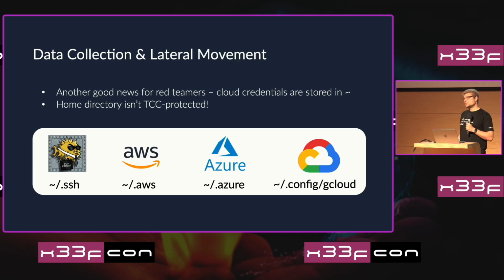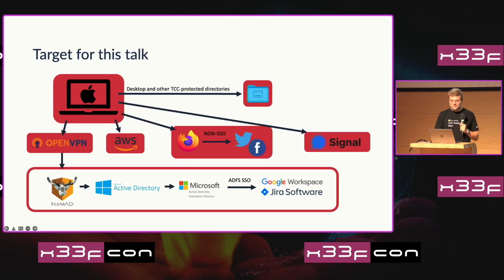All right, so we bypassed the TCC, but what about the SSH keys, AWS, Azure, Google Cloud credentials, etc.? That's another good news for you. They are by default stored in the home directory, which is not protected by the TCC. So you don't even have to care about it. All right, so that was the last step, and we have taken over the macOS machine.